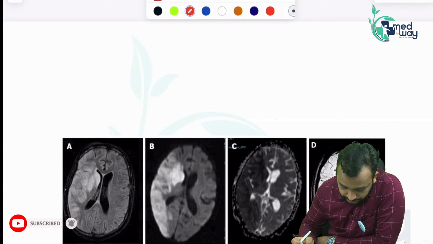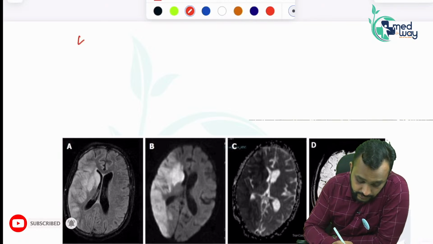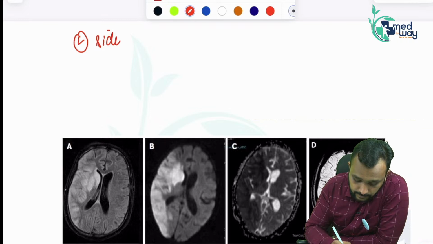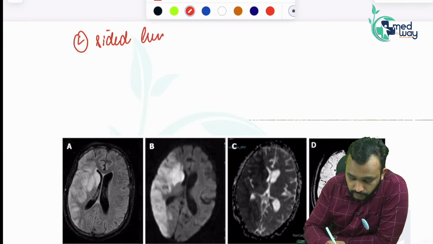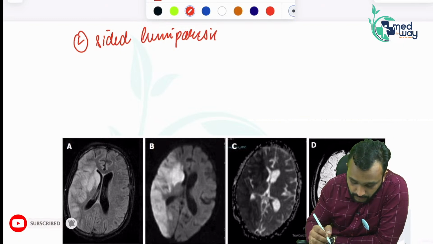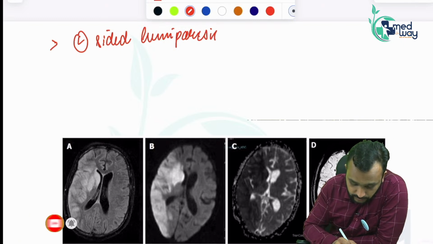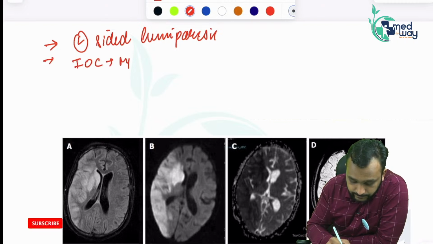history of left sided hemiparesis. So I told you, in patients with acute stroke, your investigation of choice will be MRI.